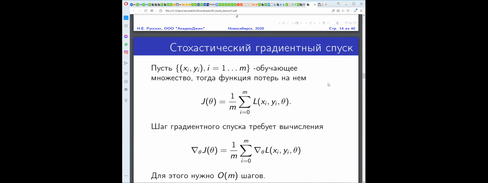Да, знаете, если вы хотите простой, но не точный ответ, то да, это все хождение вокруг стохастического градиентного спуска.